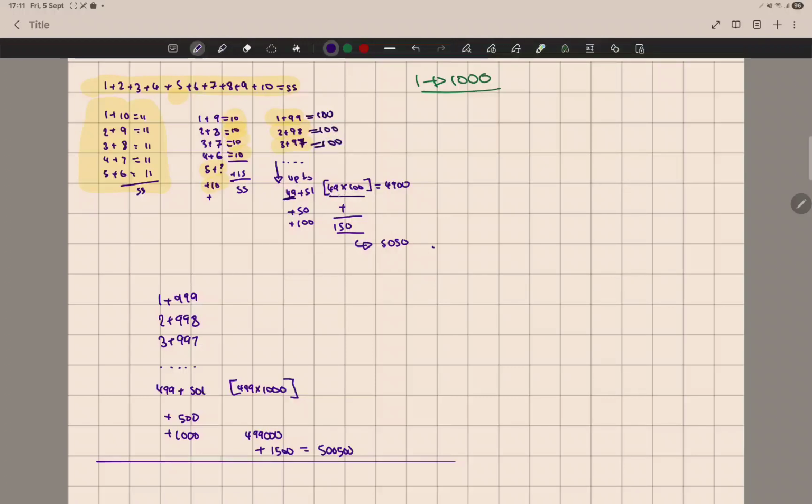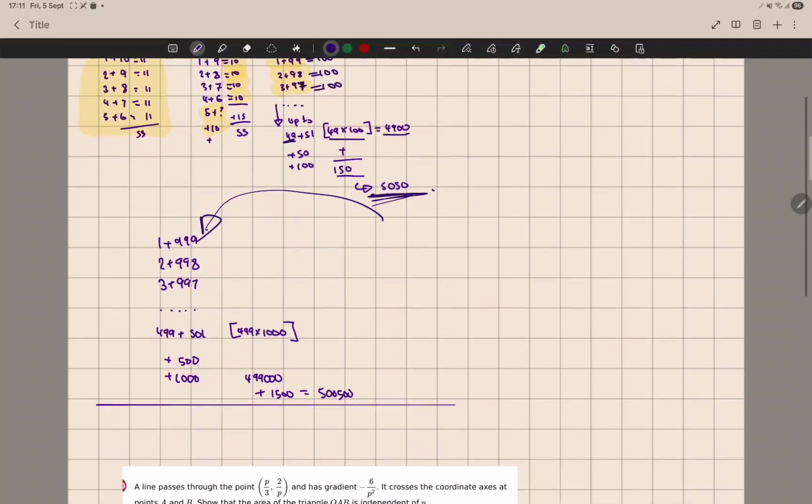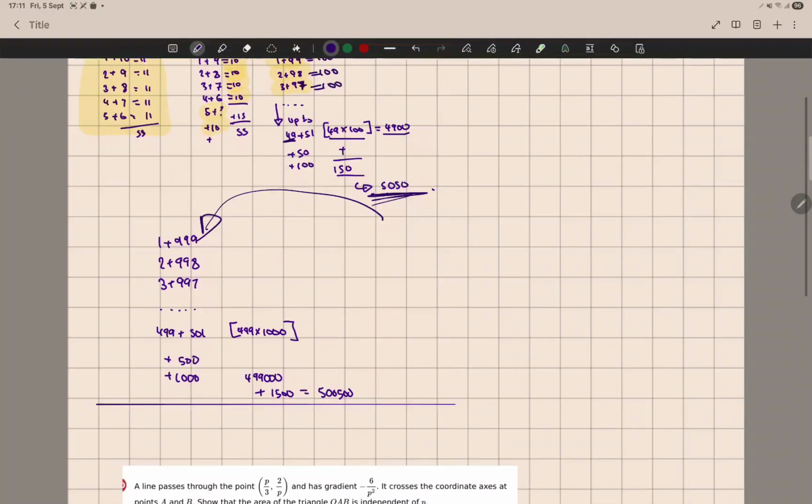So you can get the total of those by doing 49 times 100. Then 50 is left on its own, and you also haven't done 100, so that's 150. So you get an answer of 4,900 and add your 150 to get your 5,050.